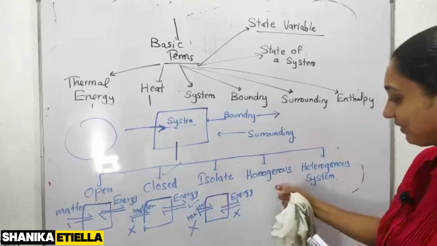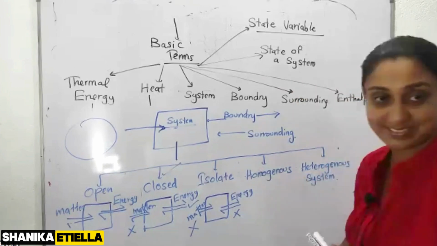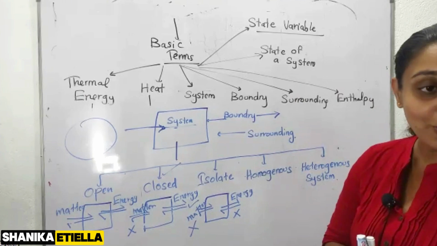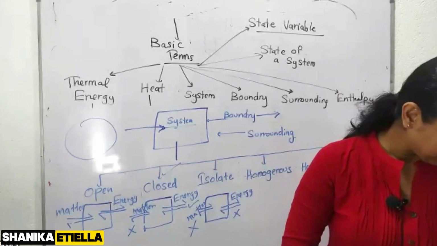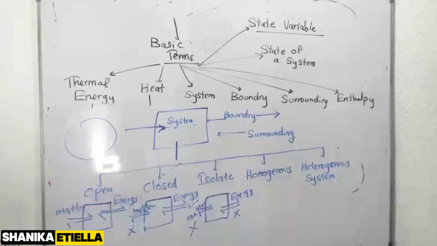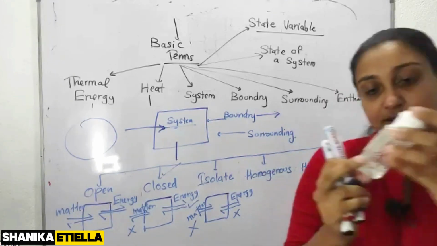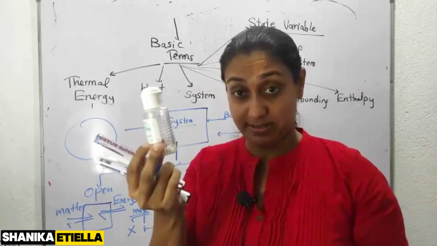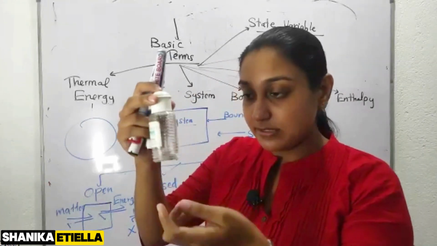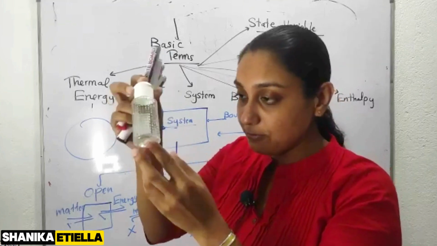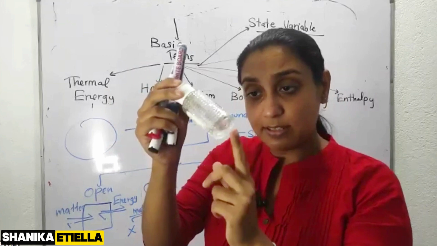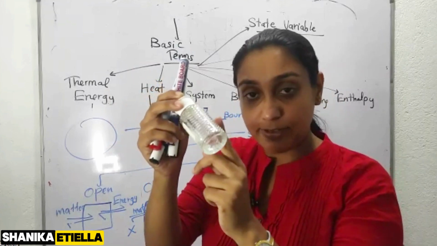Okay. Then homogeneous and heterogeneous systems. Homogeneous system means, for that I will take some bottle this way. This is my eau-de-cologne bottle. Here I have two physical phases. I think you can see the liquid phase and the vapor phase.